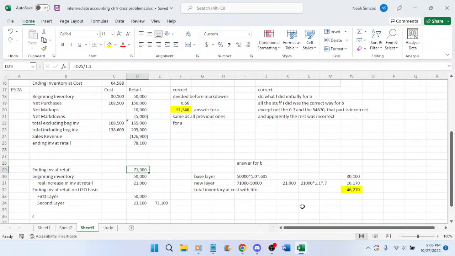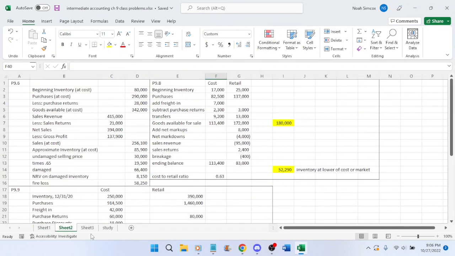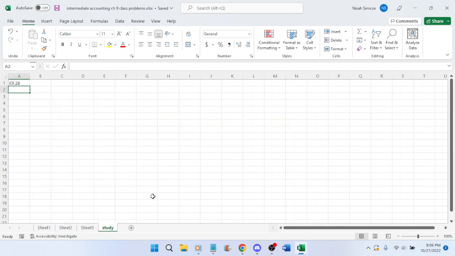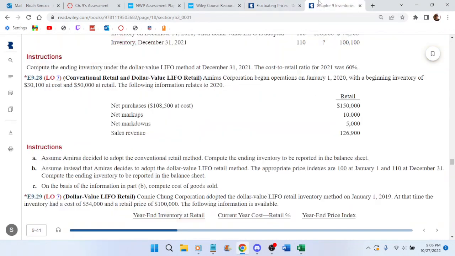Now I believe I understand what's going on here. I might be able to do the whole question without looking at the book. In fact, okay, we are going to do the whole question without looking. Here we go.